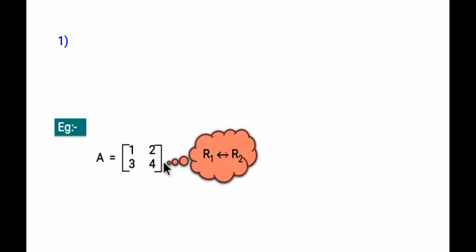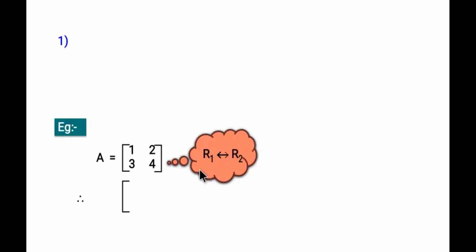So let's interchange. Now if you see row 1, you have 1 and 2 elements. Okay, and row 2, that is the second row, you have 3 and 4. So your 3 and 4 will shift to the first row, and 1 and 2 will shift to your second row. So that is what this particular operation tells about.